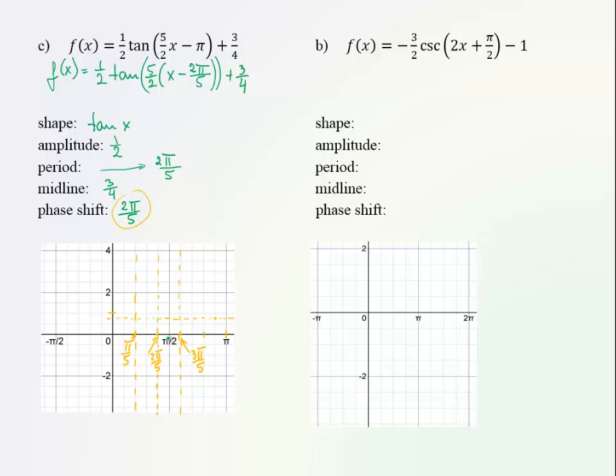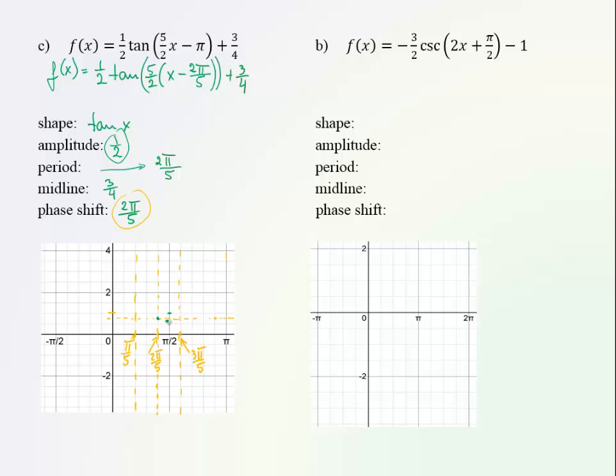So now in order to graph the shape of tangent, we pretend that these 2 lines are like a new system of coordinates. So now we are nearly ready to graph the tangent, except that we still need to accommodate for this kind of amplitude, because for tangent, for the point that is half away between the center and the asymptote, normally we would have a value 1, but this time it will be multiplied by 1/2.